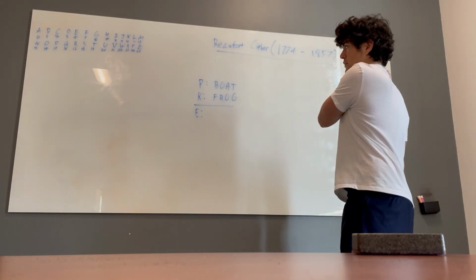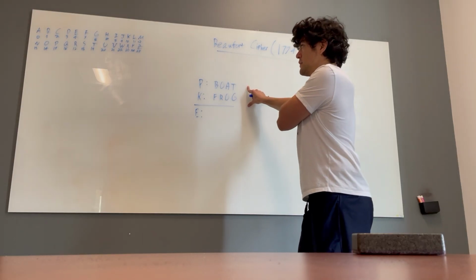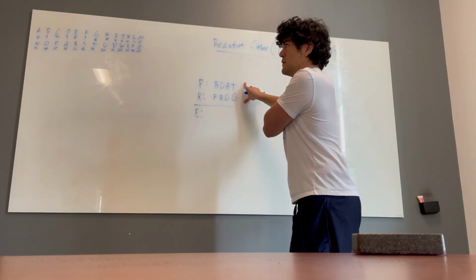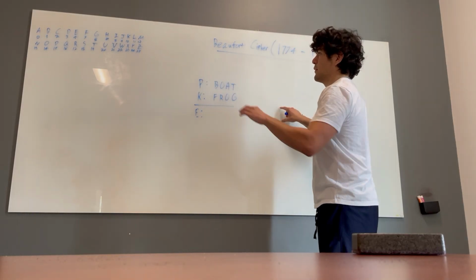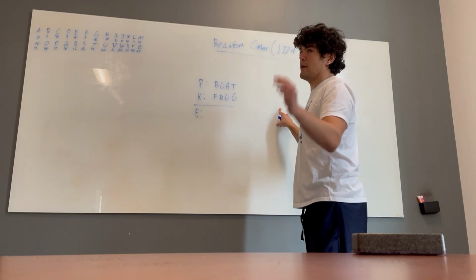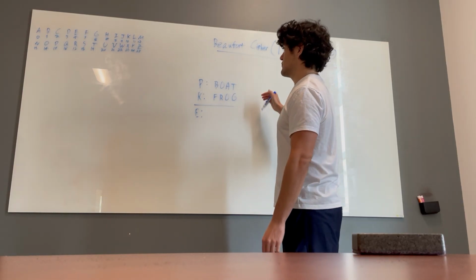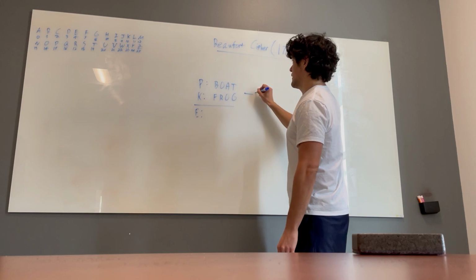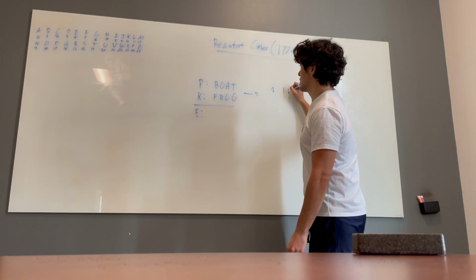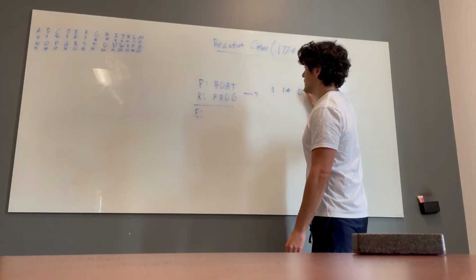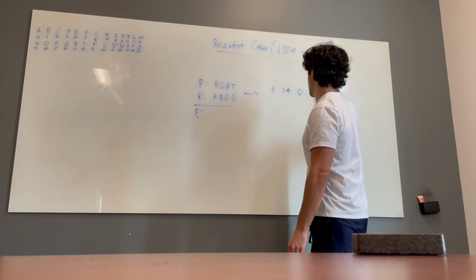The first thing we're going to do is convert all of these to numbers. We're just going to assign every letter to a number, looking at this chart. So "frog" becomes 5, 17, 14, 6, and "boat" becomes 1, 14, 0, 19.